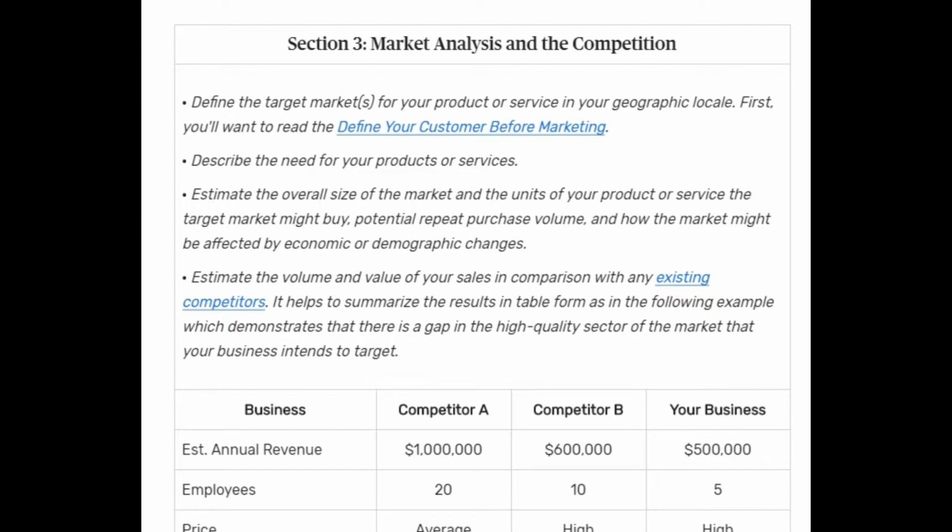So estimate the overall size of the market and the units of your product or service the target market might buy, the potential repeat purchase volume, and how the market might be affected by economic or demographic changes. Estimating the overall size of the market and the units of your product will help you to target more customers.